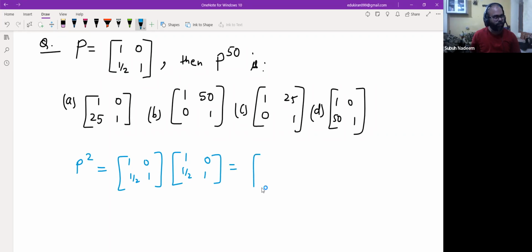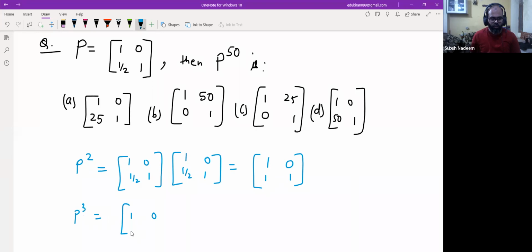So this will become 1, 0. This will become 1. Half plus half will be 1, and 1. One more step, let us do P cube.